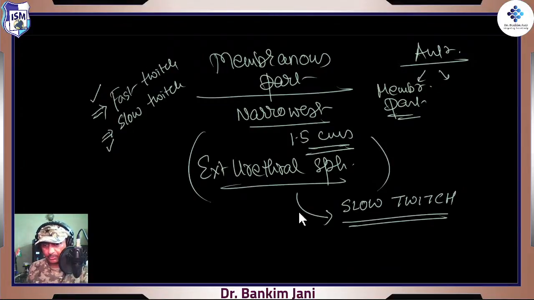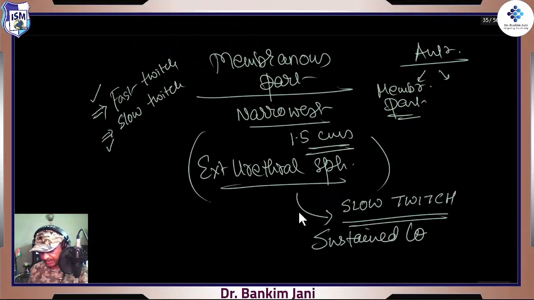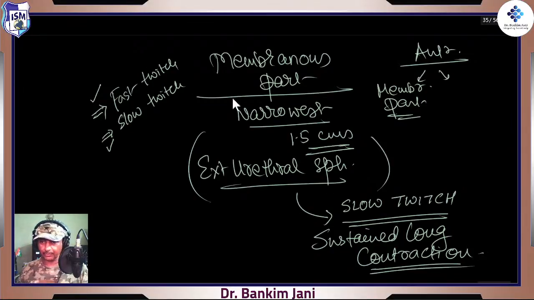So these slow twitching muscles are the intrinsic muscles. The idea is for sustained long contraction. Fast twitching muscles are for short duration. That's the reason these are slow twitch muscles.